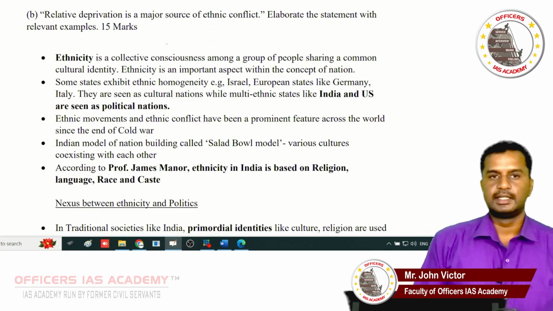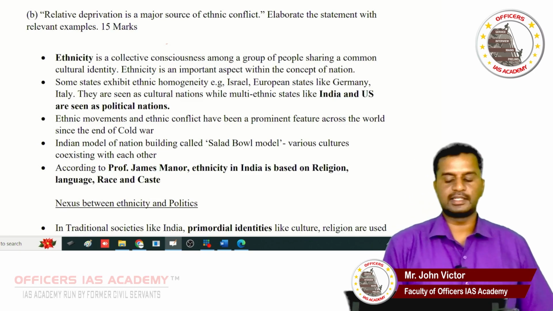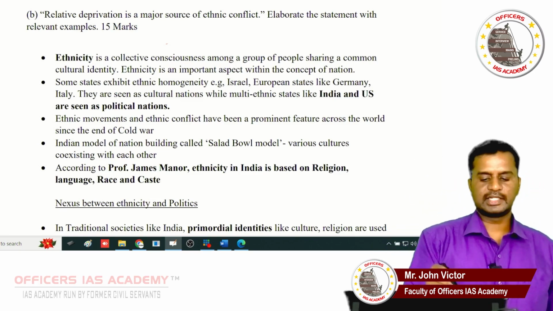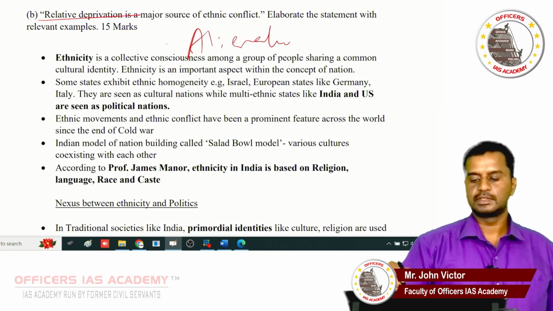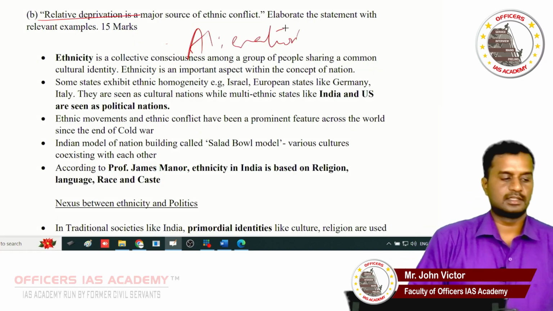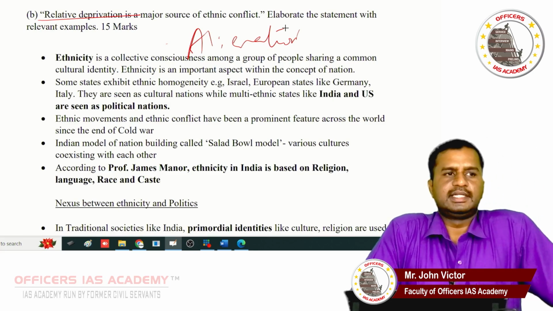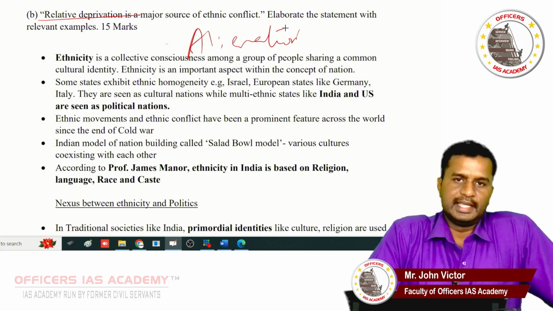Question B. Relative deprivation is a major source of ethnic conflict. Elaborate the statement with relevant examples. Relative deprivation is related to the Marxian concept of alienation. Marx tells that the producing class suffers because it is separated from the product. This is called alienation.